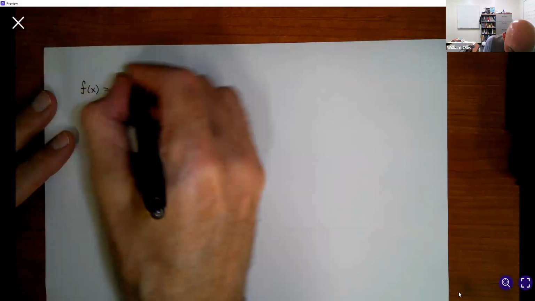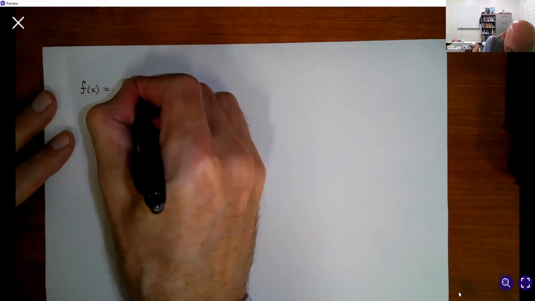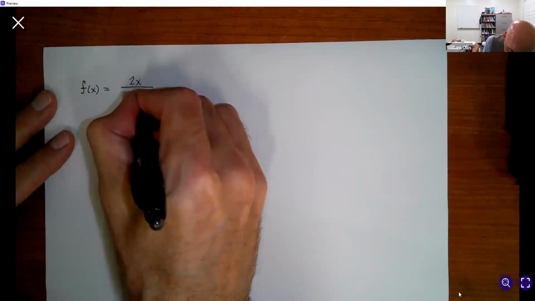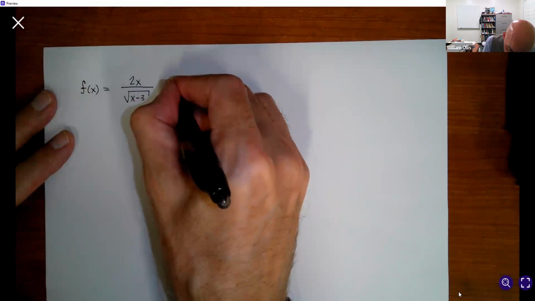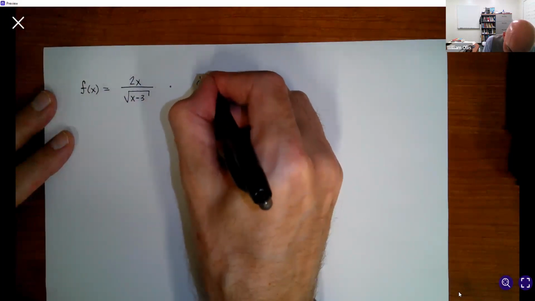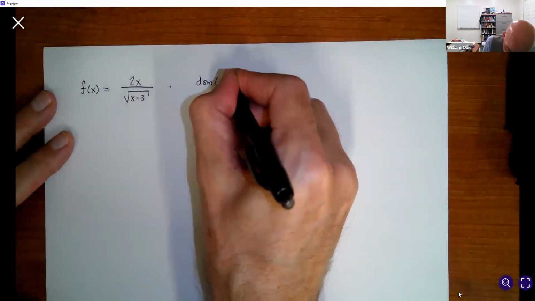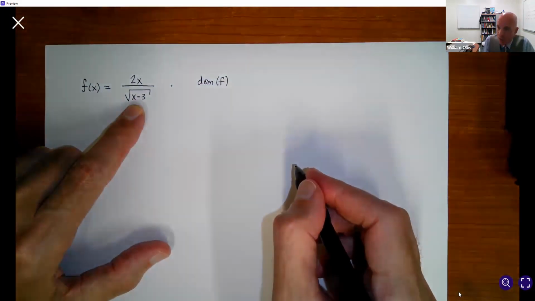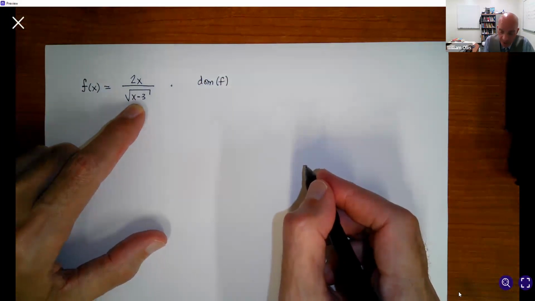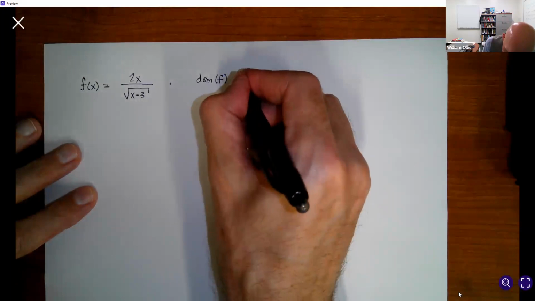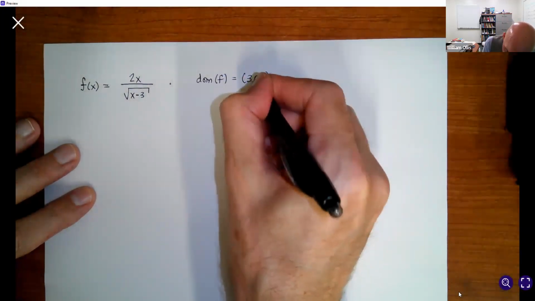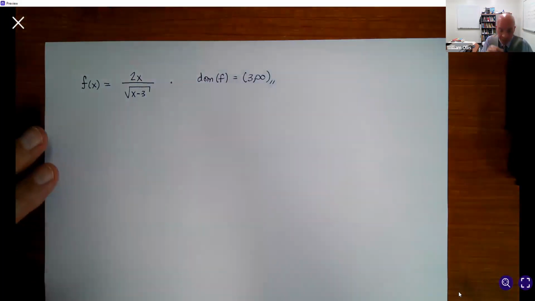We have f of x equals 2x divided by the square root of x minus 3. Okay, well here, clearly the domain of f, you could just use the continuity result. Clearly this function is continuous where it's defined, and so for any x bigger than 3, this would work. So the square root determines the domain.